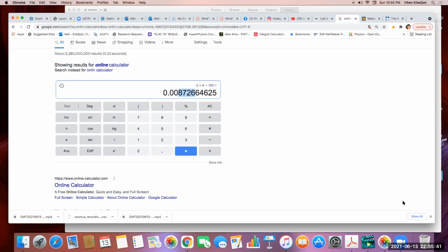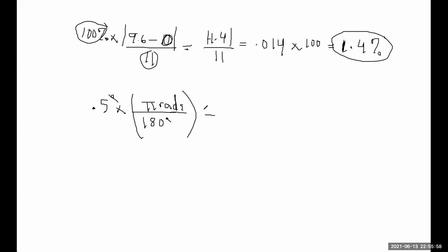So then our answer will be, that's the angle, 0.008727 rads. That's probably going to be more accurate than the result that they had.